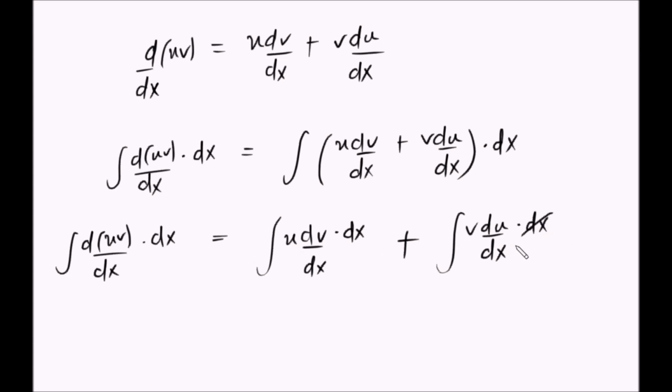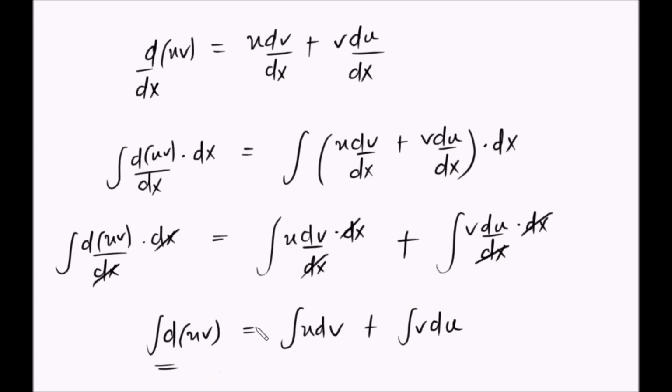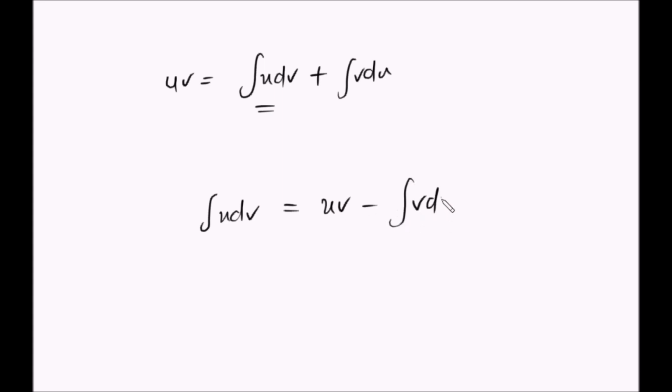So you can see, we remember the chain rule too, to say something like this. So if I integrate this, it is integrating this plus integrating this. Now earlier we said if you integrate dx you get x, if you integrate dy you get y. So if I integrate this, of course I will get uv. So uv is equal to the integral of this plus the integral of this. So make this one the subject, and it becomes like this.